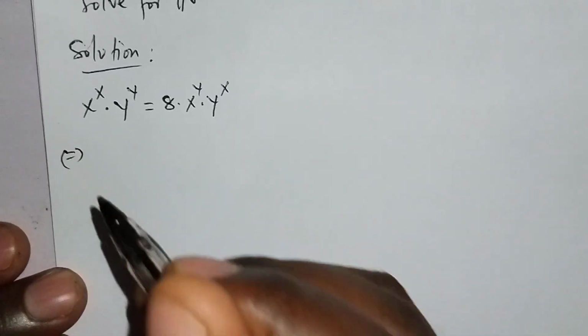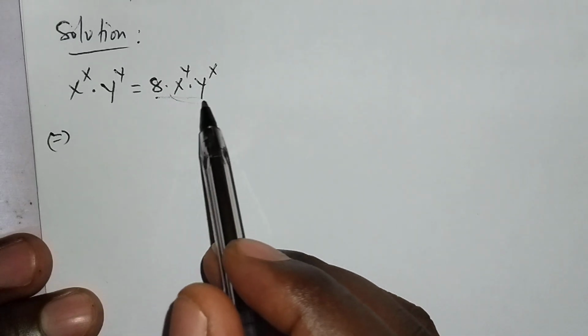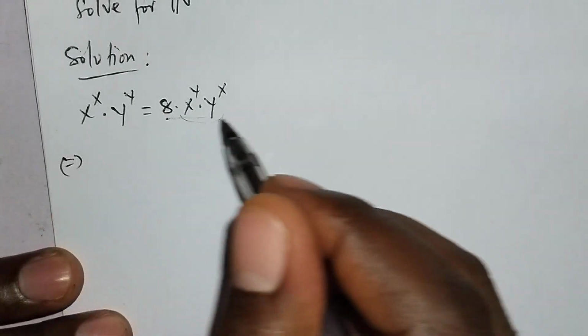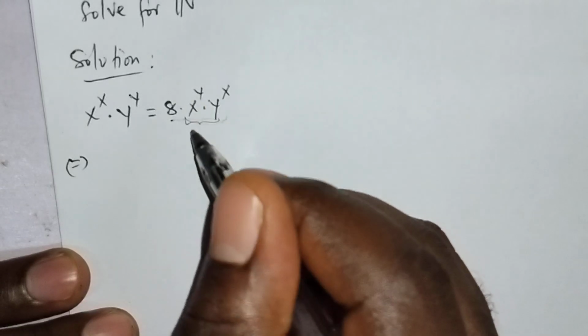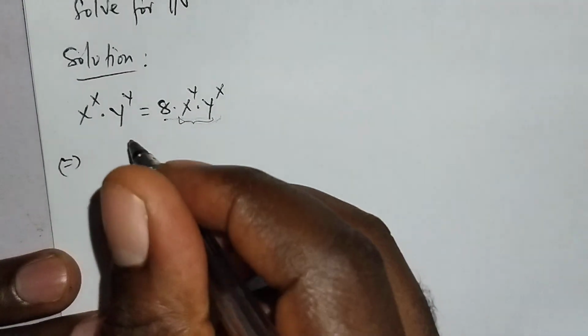First of all, we are going to eliminate an unknown from the right hand side. So we divide both sides by x power y times y power x.